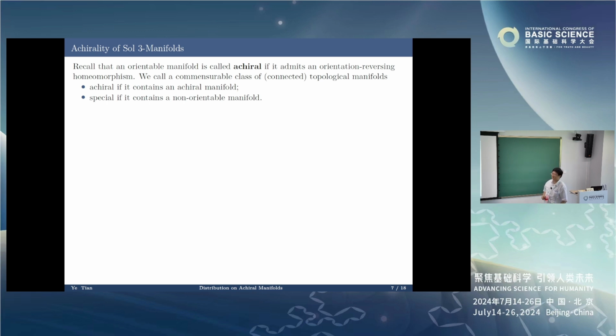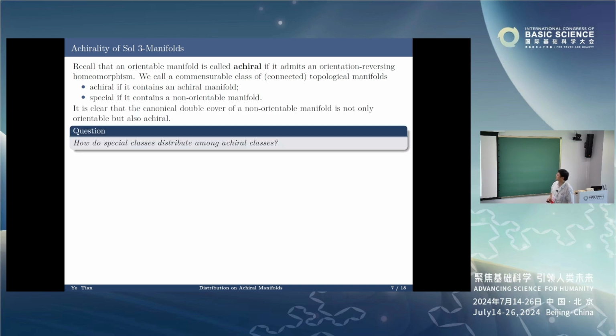So for a class to be spatial, there is some local obstruction from being achiral. So we want to ask: how are spatial classes distributed among achiral classes?